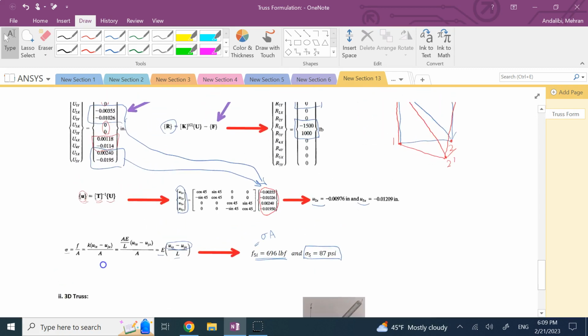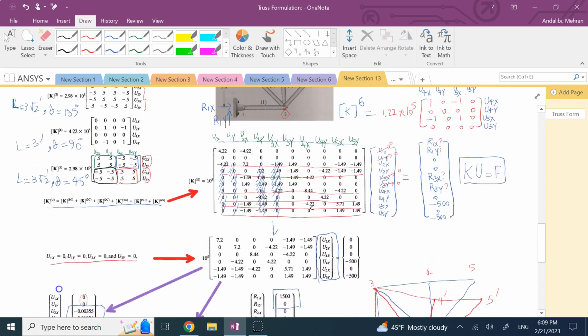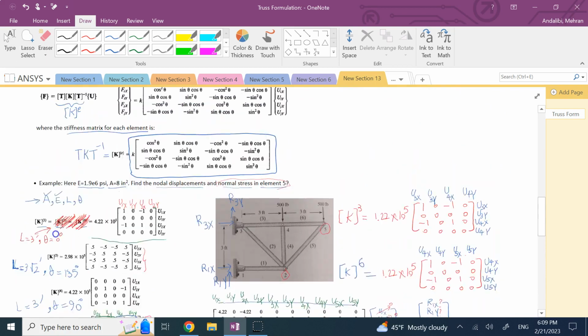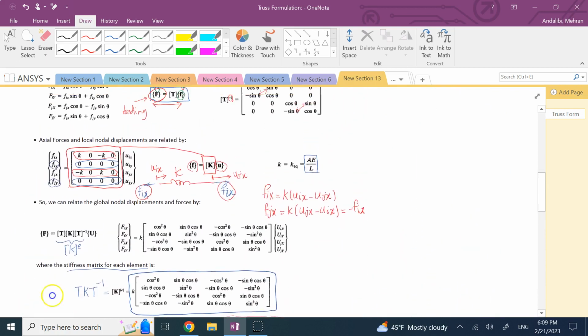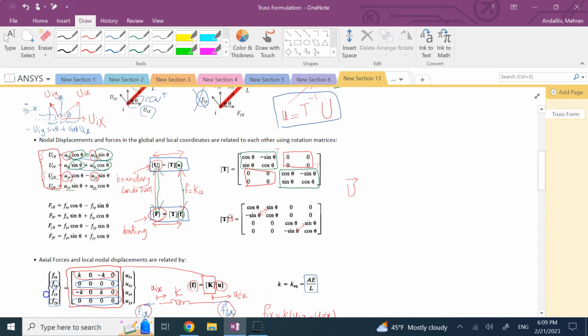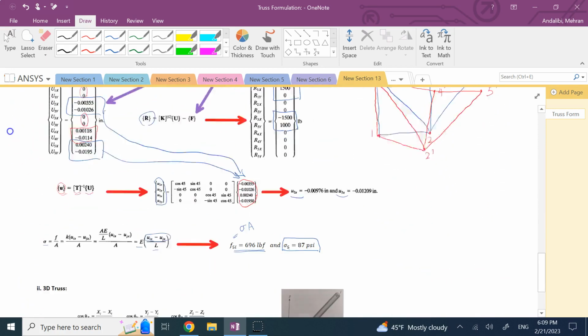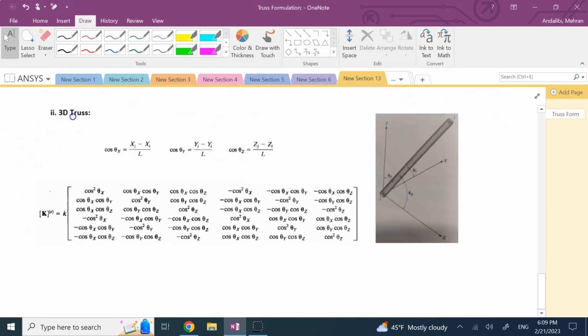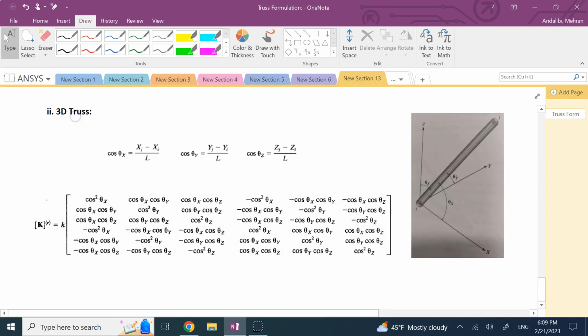So this is a full truss analysis using the direct formulation method for 2D trusses. For a 3D truss, everything is exactly the same, except you still have two nodes, but each node has 3 displacements.